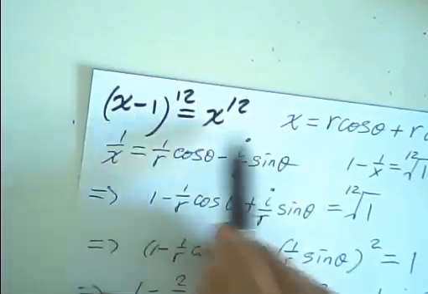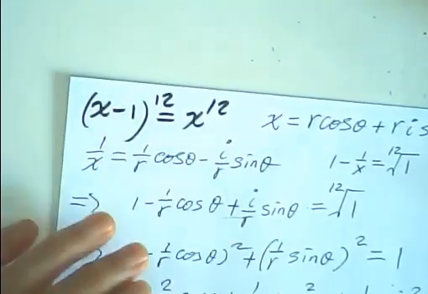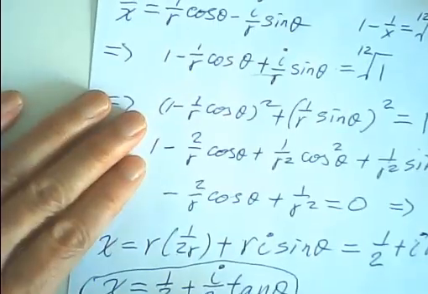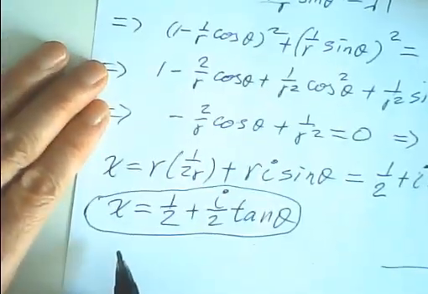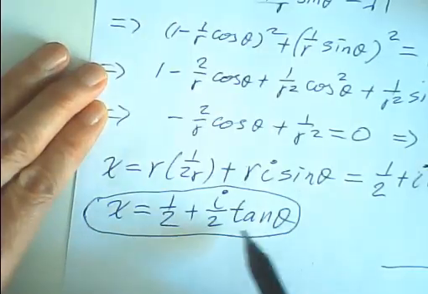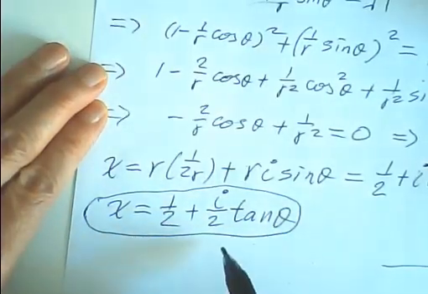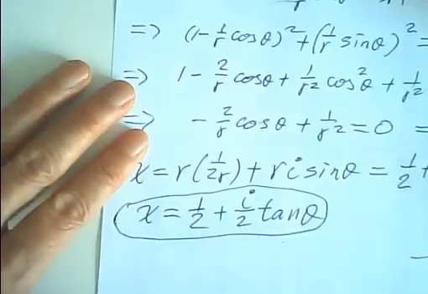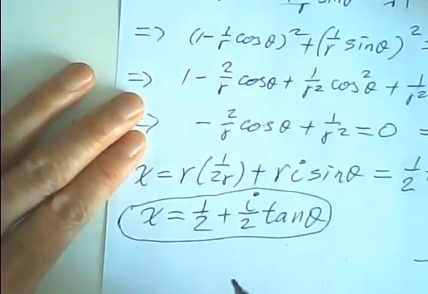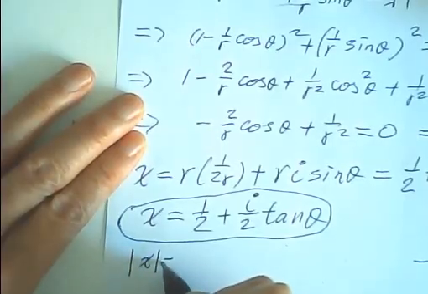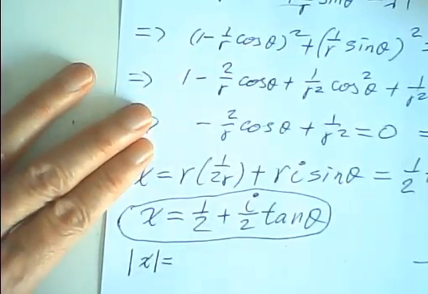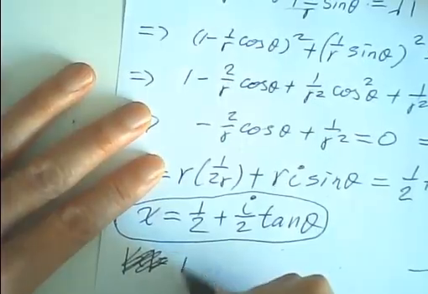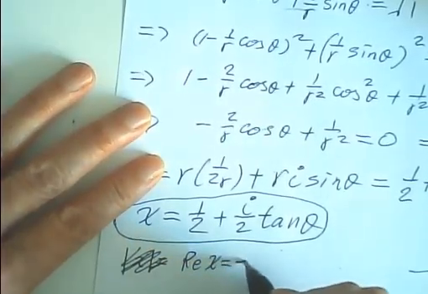We go back to this equation. Okay, now let me try to explain it. X is a complex number. This is the real part. This is the imaginary part, right? Therefore, let me write this way. The real part of x is 1/2.